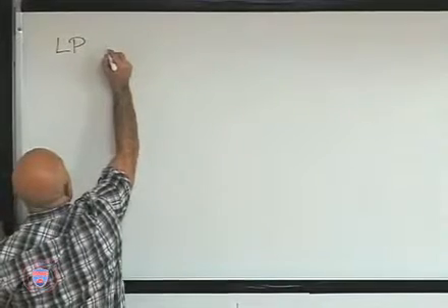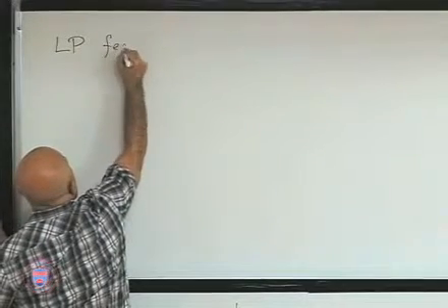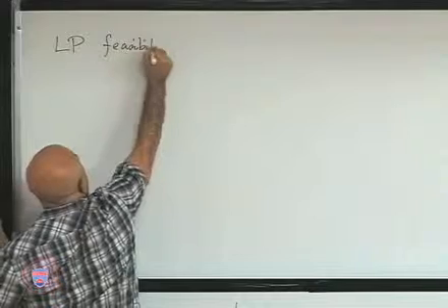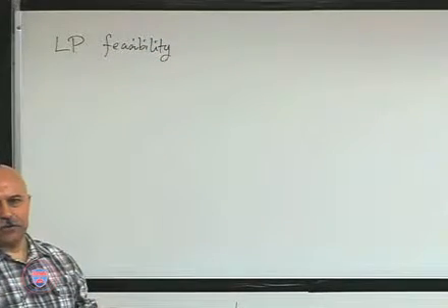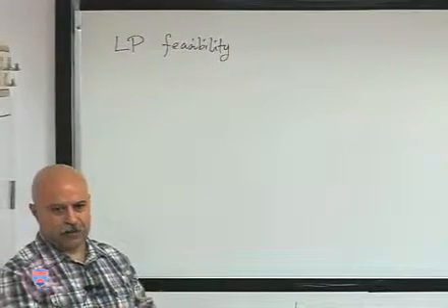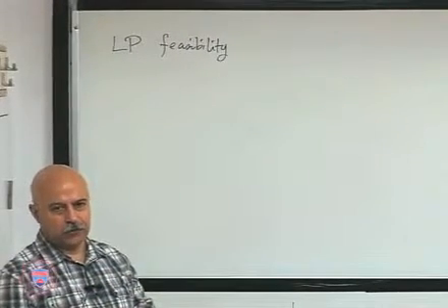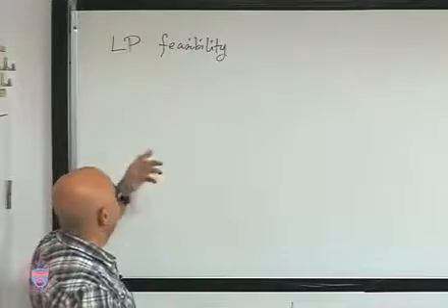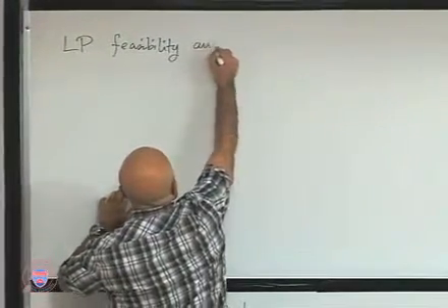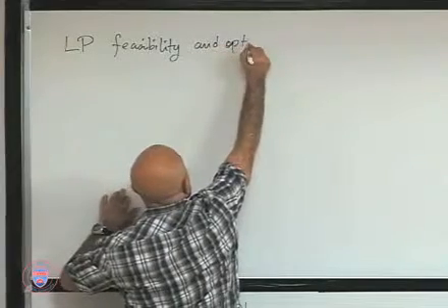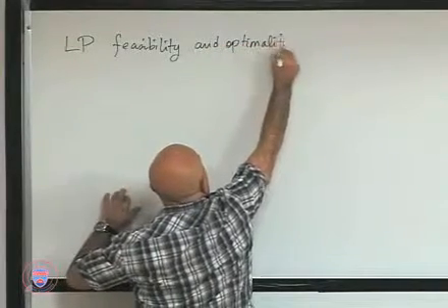What is the LP problem? Well, the LP problem refers to finding a feasible solution that's at least as good in objective value as any other feasible solution. So you have feasibility as well as optimality, two different concepts here.